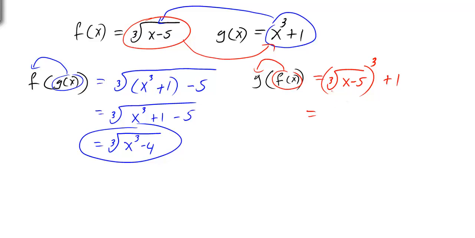So if we simplify this, the cube root and the cube are going to cancel, so we're going to be left with simply x minus 5 plus 1, and so we would have x, -5 plus 1 is a -4. So x minus 4 would be your answer. So hopefully you realize here for these composite functions, you're just taking one function and substituting it into the other function.